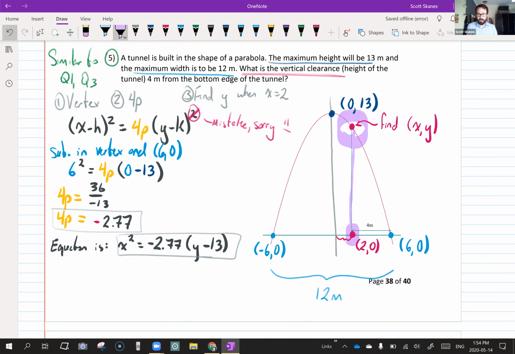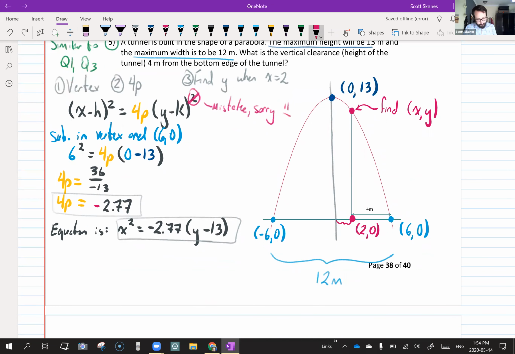You said you got the same equation but didn't simplify the fraction. Not a problem. You should have got 36 over 13. So that's fine, no problem there. You can keep it. Fractions are no issue at all. So I'll just be clear. Find y when x equals 2. That's what we're doing now.